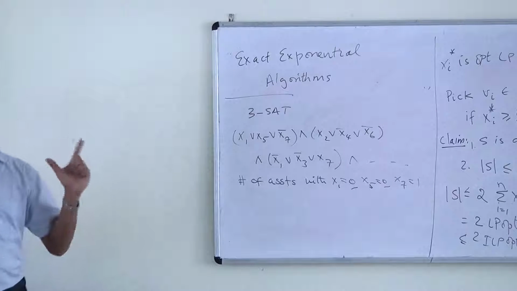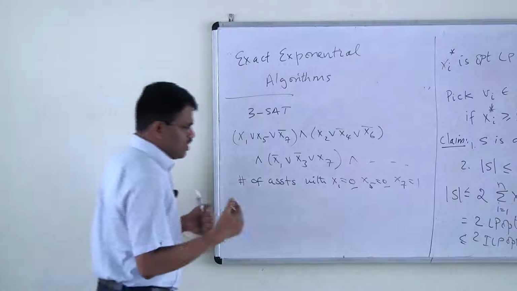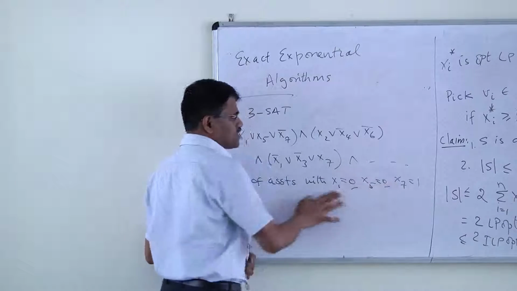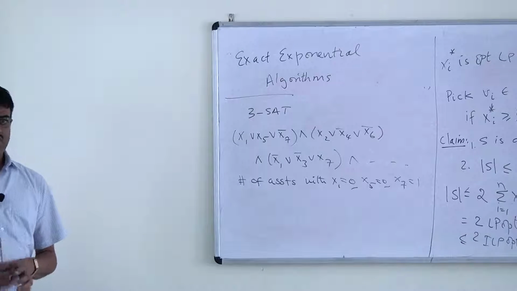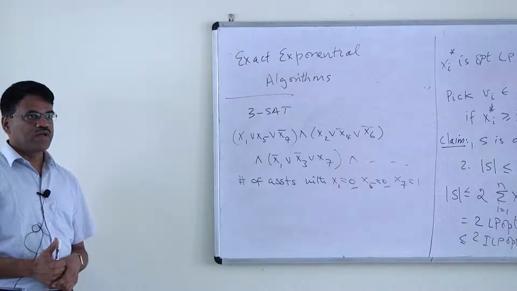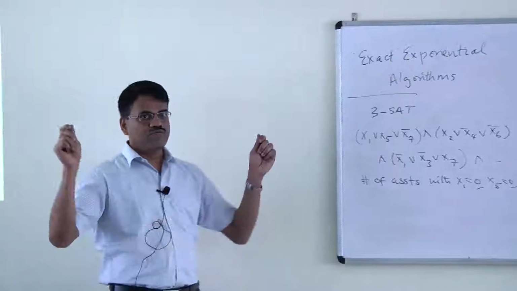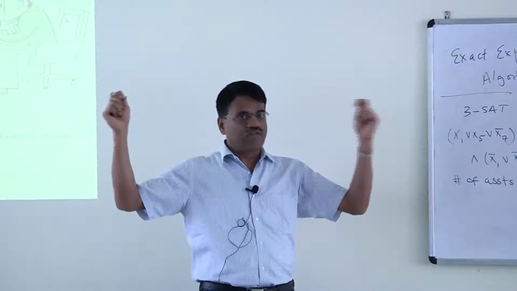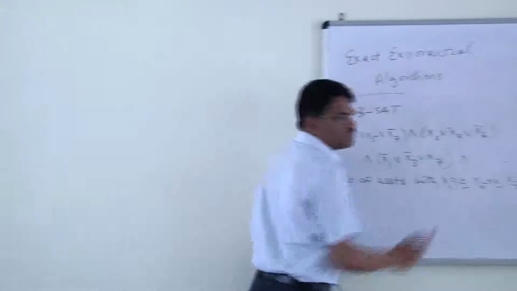You are looking at assignments on the n variables, 2 power n of them, out of which I am just saying avoid these assignments. So, how many assignments do you end up avoiding? How many of the 2 power n assignments for the n variables set this?